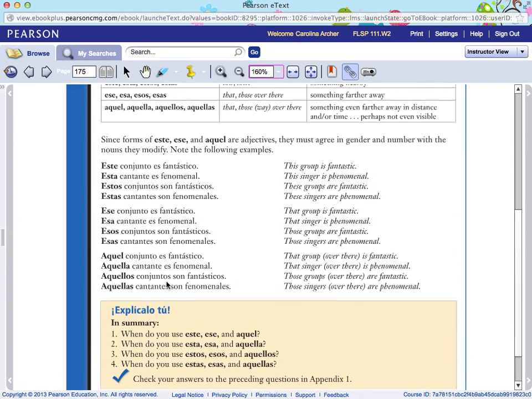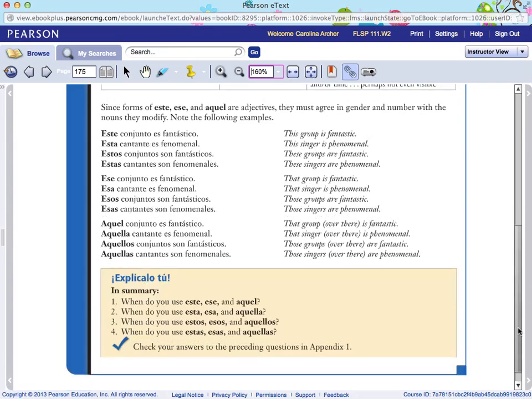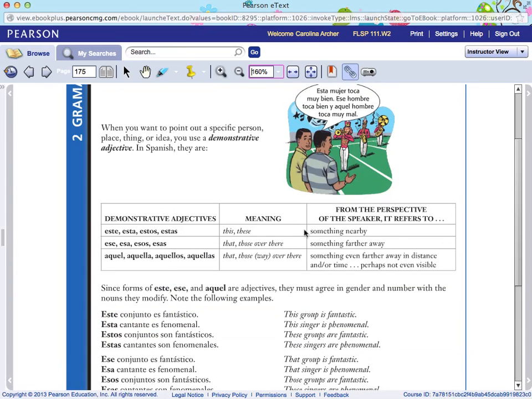So everything that modifies the noun has to agree with it in number and gender, both the demonstrative adjectives and the adjectives that are describing. Okay, so these are the demonstrative adjectives that we use together with the noun that is present in the sentence.